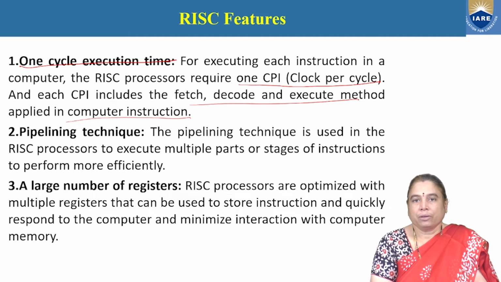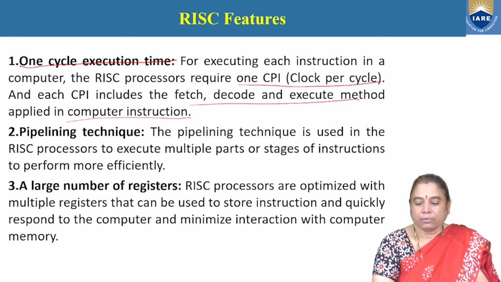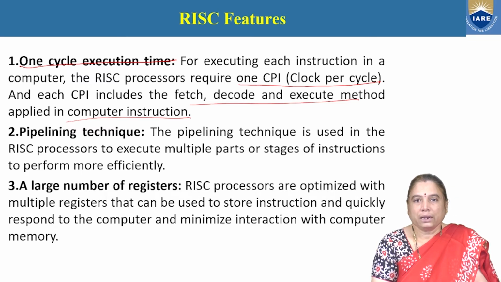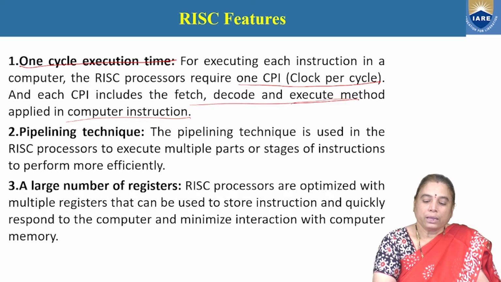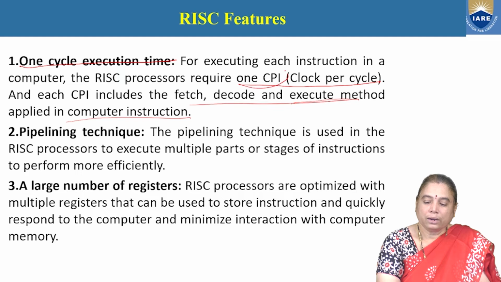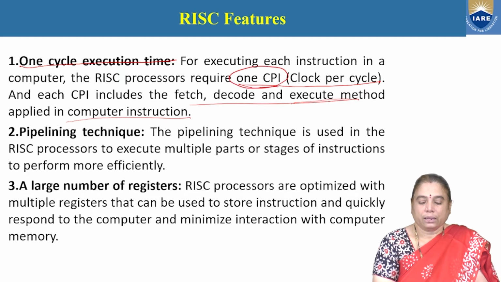The instruction cycle generally involves the steps of fetching the instruction, decoding the instruction and executing the instruction. The instruction is readily available in the instruction cache, decoding can be done there itself, and the operands are readily available in the data cache. Simply, execution of the instruction can be carried out, so it requires only one clock per cycle.